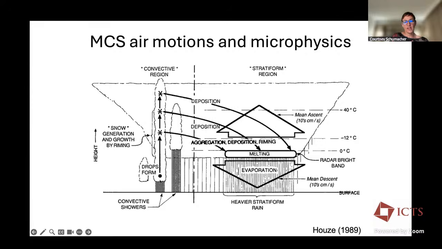Whereas the convective cloud base is much lower, like 1 or 2 kilometers, the stratiform cloud base is around the 0 degrees Celsius level, around 5 kilometers. Then we have evaporation below the cloud base, and then you get a mesoscale downdraft. So these very distinct kinematics and microphysics really change the way these systems evolve and communicate.